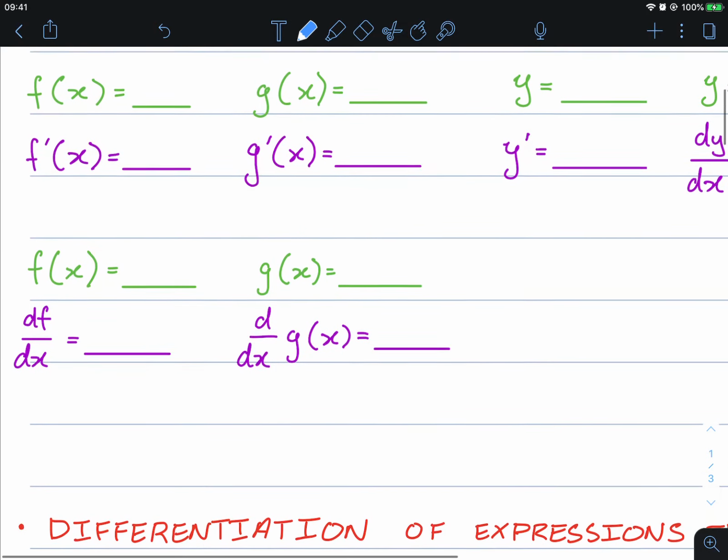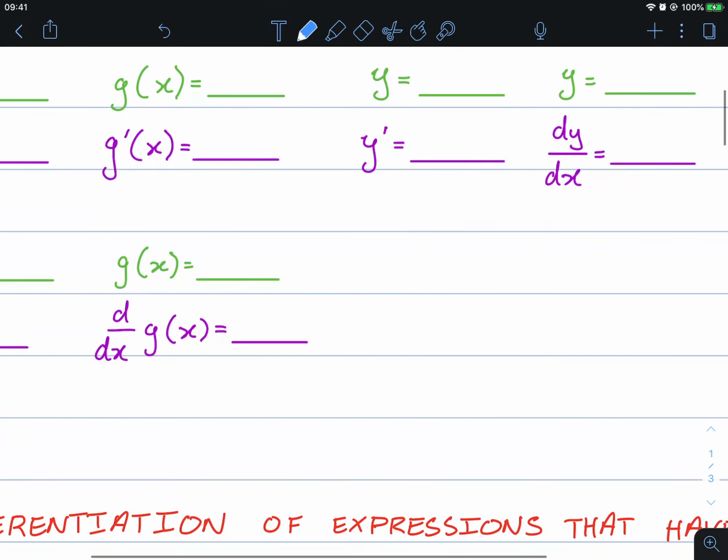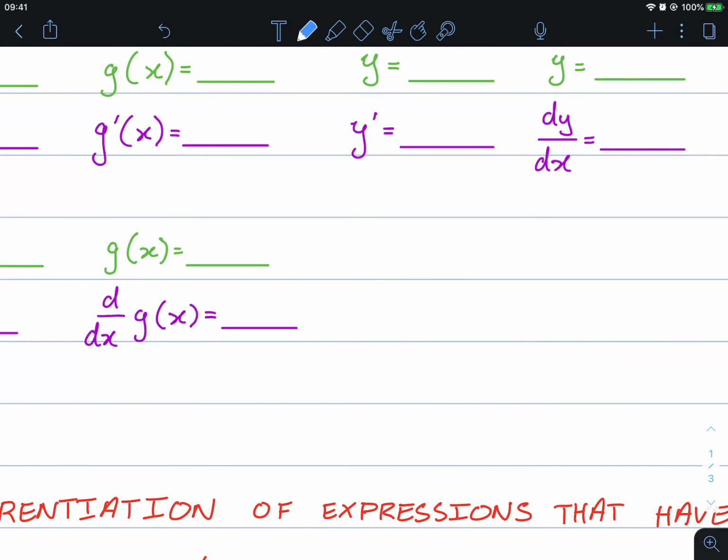We could also see this notation if we have the function f of x. We can also express the derivative as df over dx. Or we can simply write d of g of x over dx.